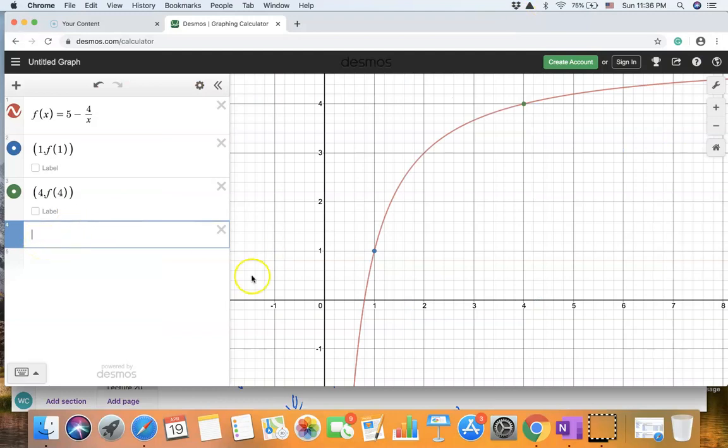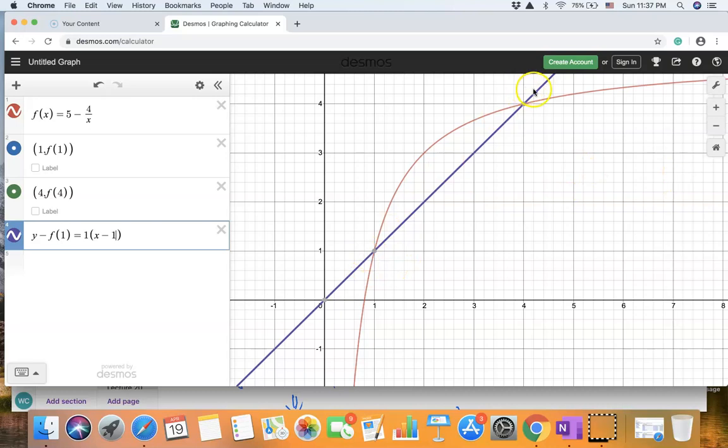So if I use this point to graph this second line, y minus the y value equals the slope times x minus the x value. So this is our second line, right? At x equals 2, let's see if the tangent line at this point will be parallel to this purple line.